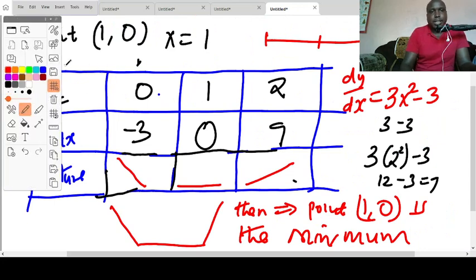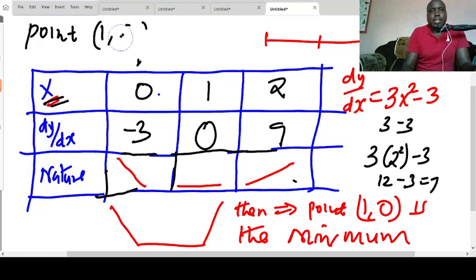Maybe I can draw it again, but there's no need. I can delete this. So you can delete everything up there.